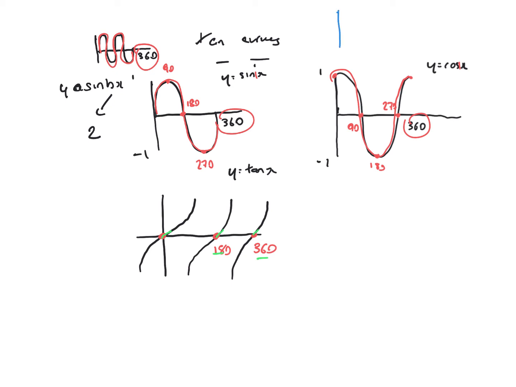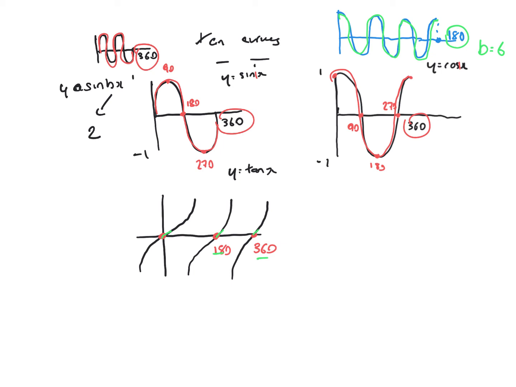And likewise for cos x, if we had something like this, so you've got 1, 2, 3 curves in 180, then b would be equal to 6 curves in 360.